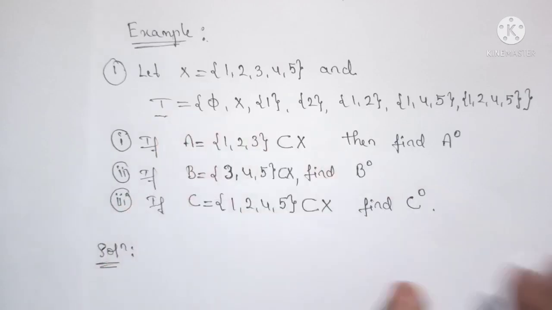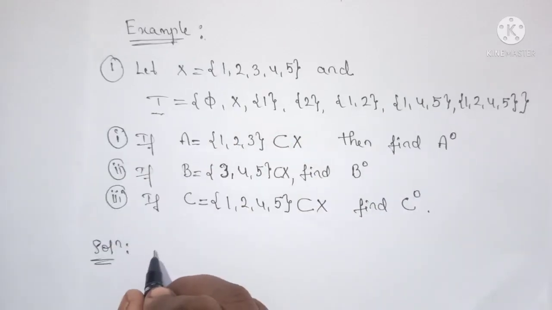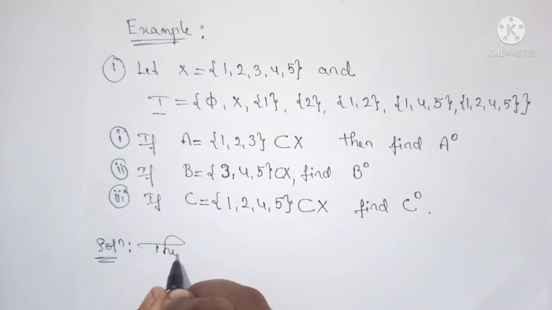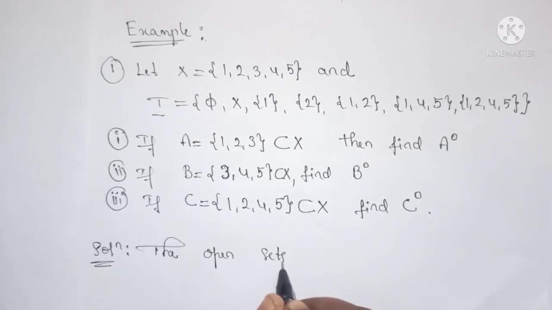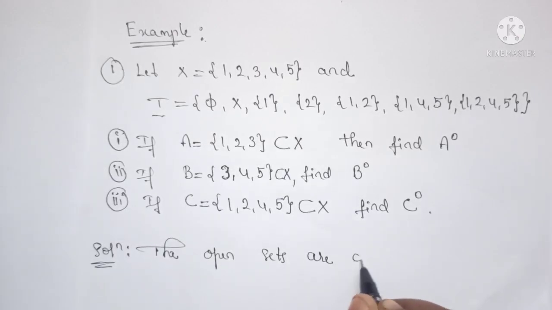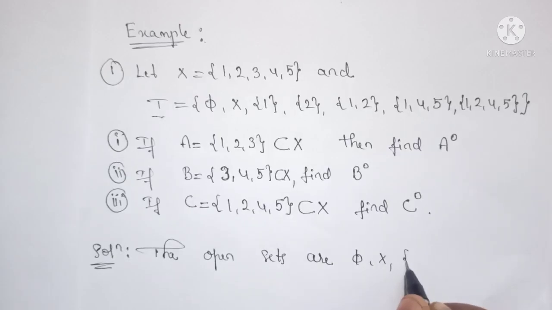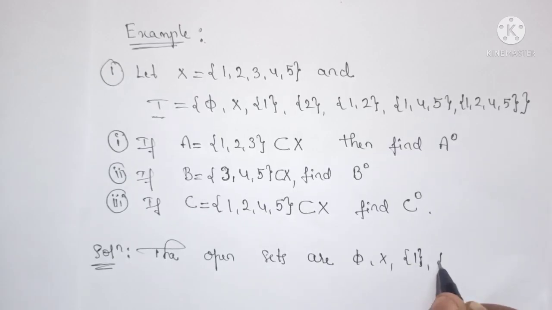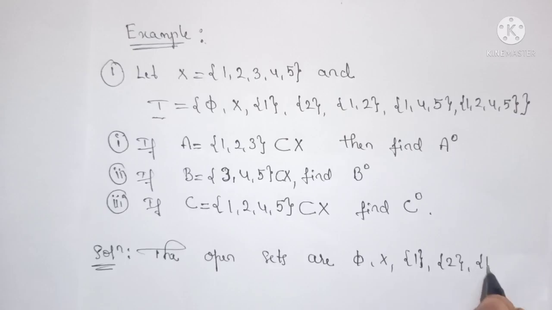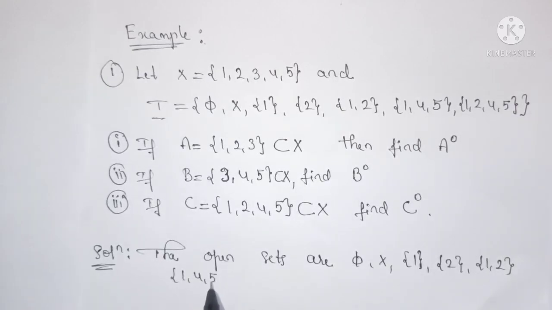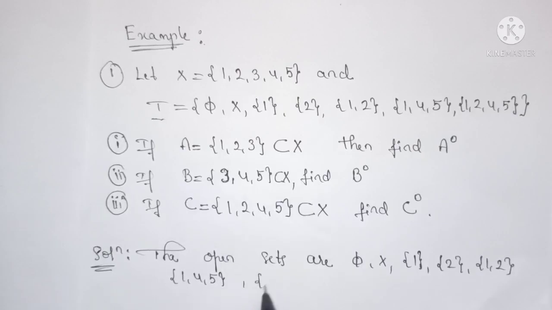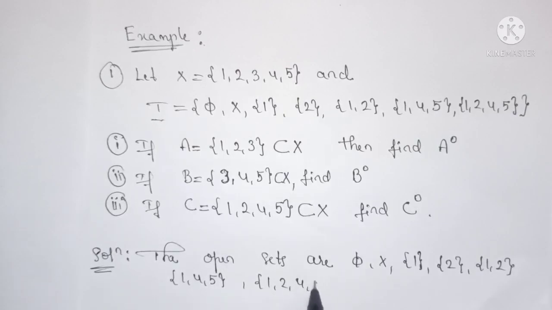So the open sets are φ, {1}, {2}, {1, 2}, {1, 4, 5} and {1, 2, 4, 5}.